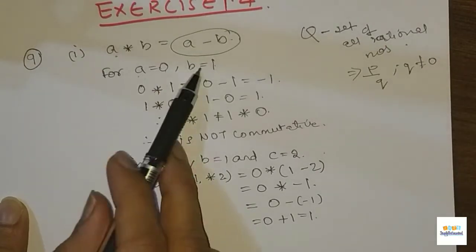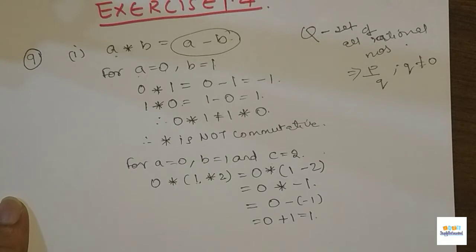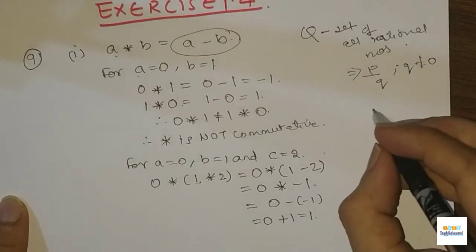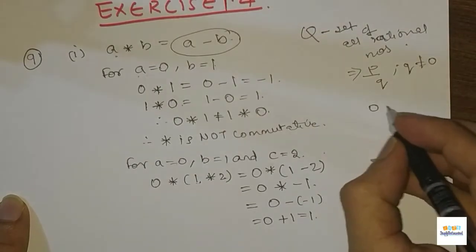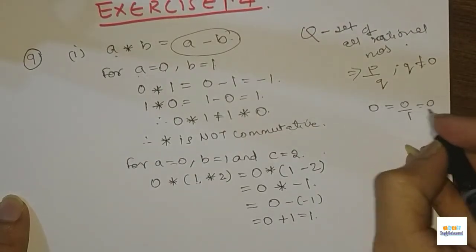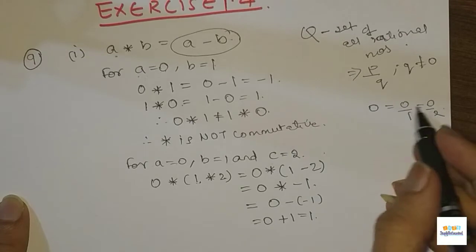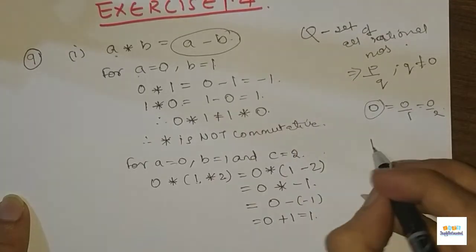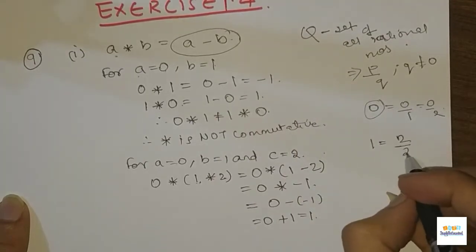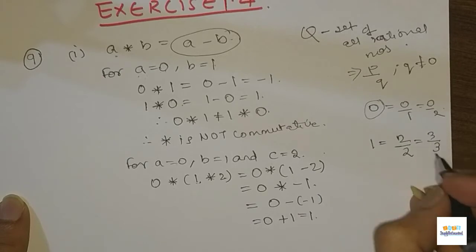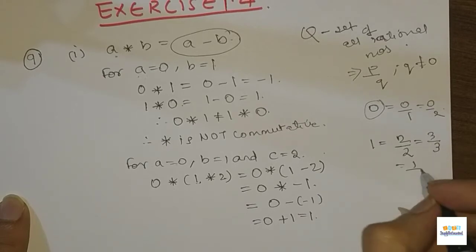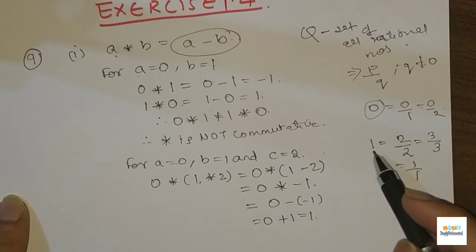Now for all the examples we will work only with integers. Why? Because integers are also rational numbers. So 0 you can write as 0 by 1, or even 0 by 2. So 0 is a rational number. Similarly 1 you can write as 2 by 2, 3 by 3, or even 1 by 1. So 1 is a rational number.